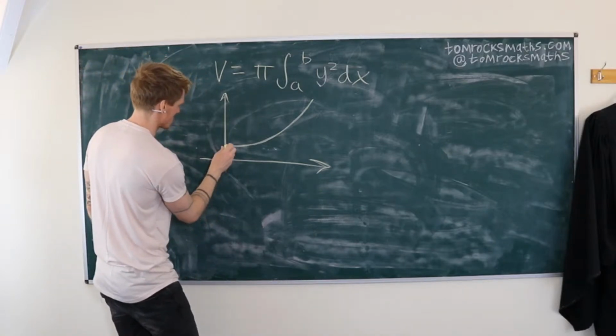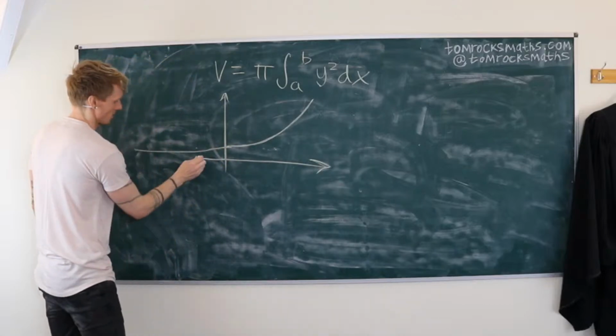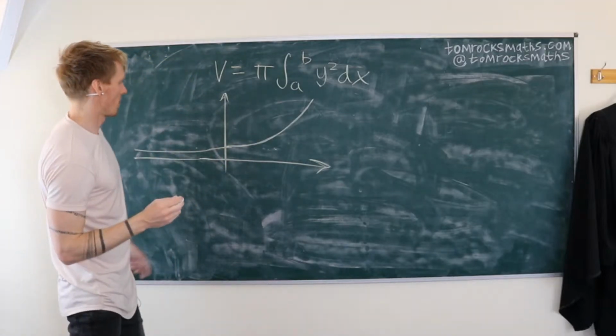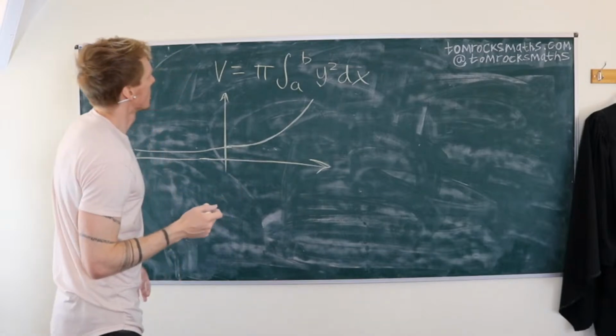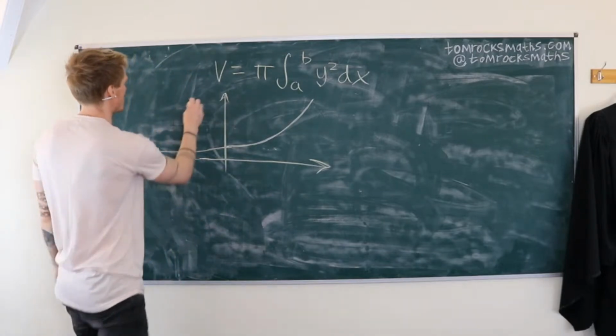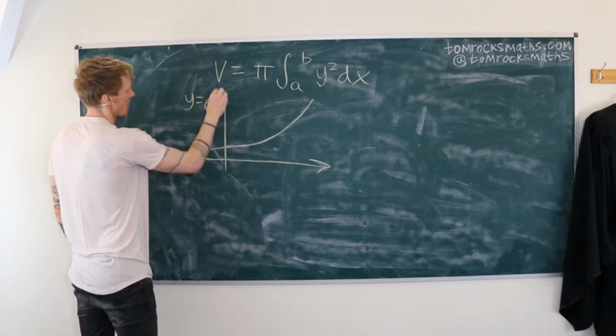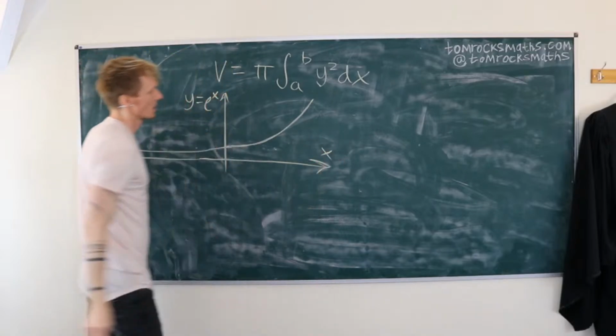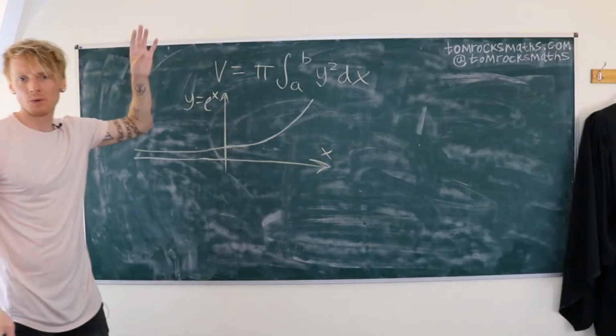And then it will decrease over here as well. So let me think about where we want to do our volume. Right, so this is y equals e to the x, and this is x. So let's just leave it as a and b for now, and then we'll worry about the limits in a minute.